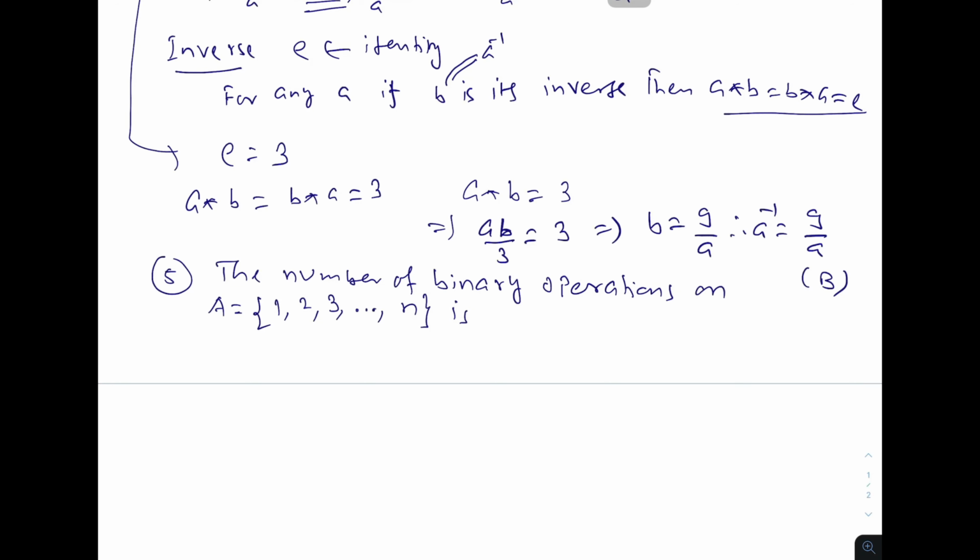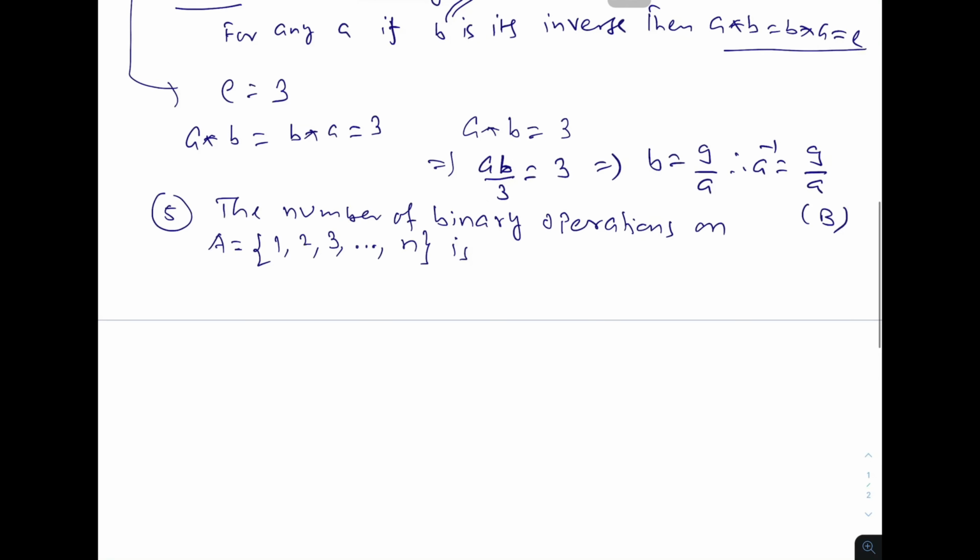You will have some options, but remember this formula: the total number of binary operations on a set having n elements is n to the power n square.